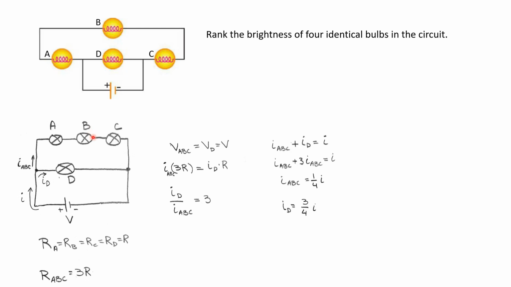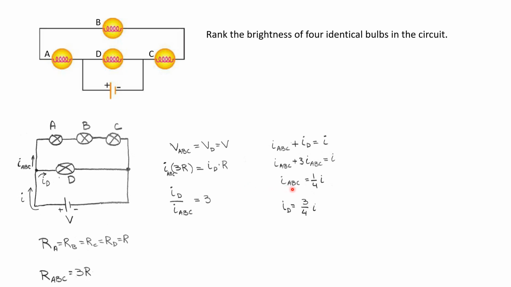Okay, now let's express this in terms of the current that's coming out of the battery, right? So we know at this juncture, the current that's coming out of the battery splits into 2 currents, I sub ABC and I sub D, right? So the sum of these 2 currents should be equal to the current that's coming out of the battery. And we know that I sub D equals 3 times I sub ABC.